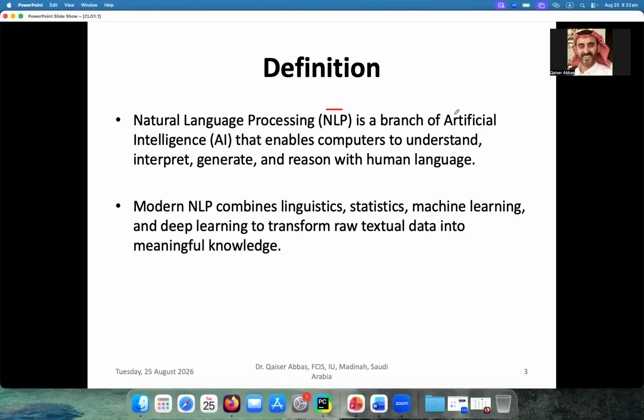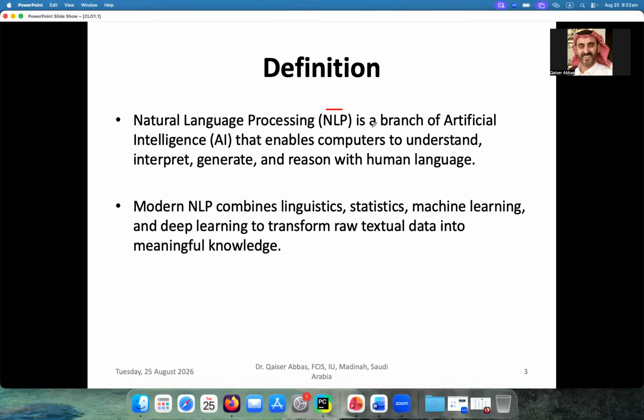NLP is the bigger branch, and machine learning and deep learning are sub-branches, but nowadays people are working more in machine learning and deep learning rather than NLP. You can say NLP is like a general physician, and machine learning is something specific, maybe a cardiologist or a child specialist. So actually NLP is a branch of AI.